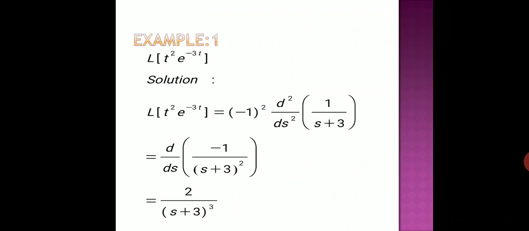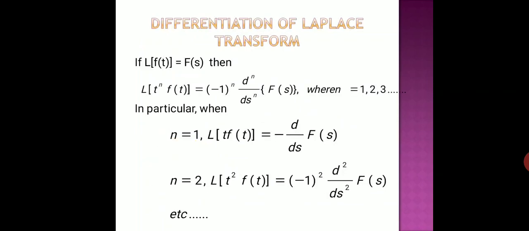Okay, for an example, L of t squared into e power minus 3t. Here a multiplication of two functions is there, t squared into e power minus 3t, and we can use two ways. The first type: t squared into something means we use this formula.